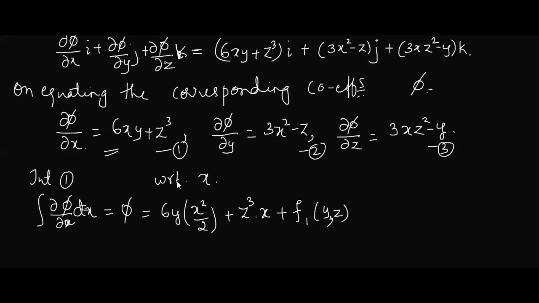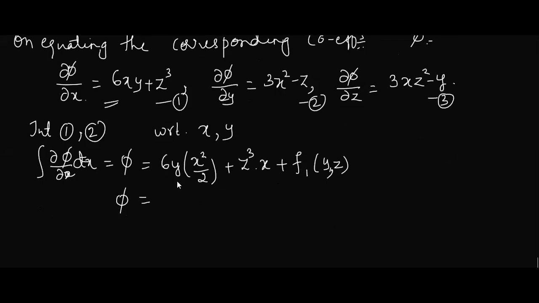Next, same thing. Just observe equation 2. It has to be integrated with respect to y. So integration of dou phi by dou y with respect to y means phi only. Now 3x square, is it a constant or a variable? With respect to y it is 3x square y, minus z y.